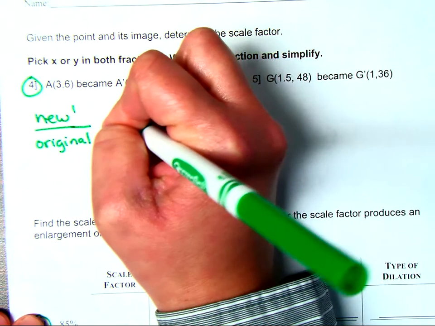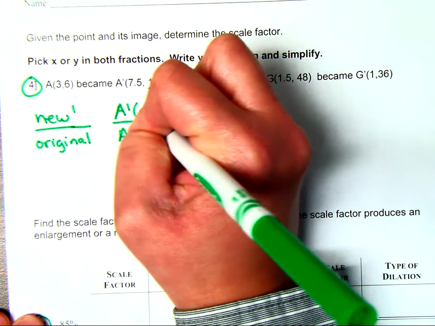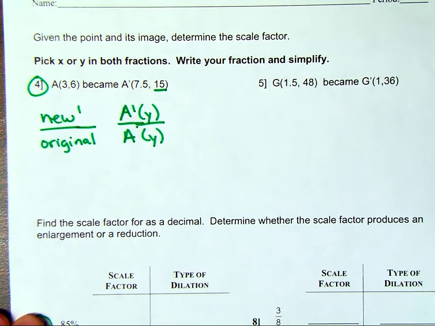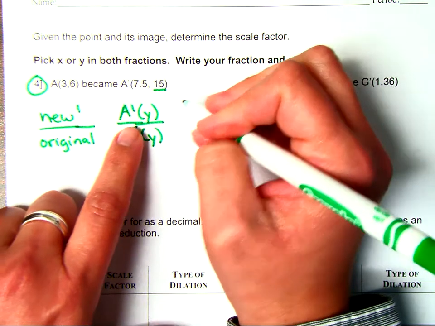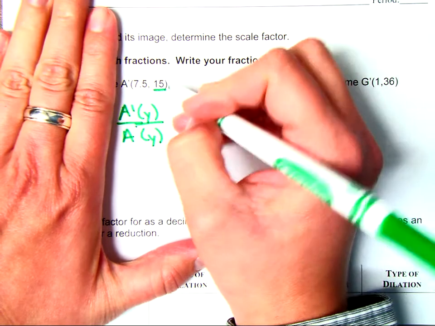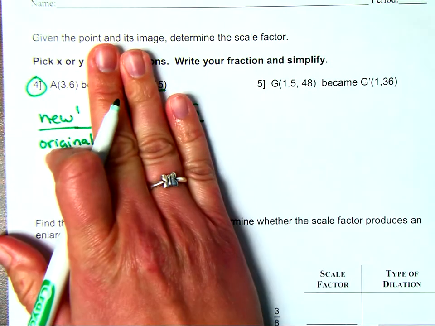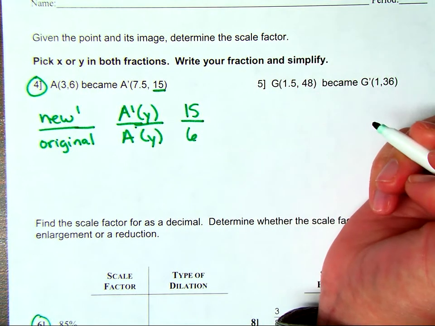If I'm saying A prime to A, and I want to use my Y value here, again, this is something else I do just to really help me out so I'm not mixing the wrong numbers in the wrong spot. So the new value of Y was 15, and the original value of Y was 6. Okay? So that's 15 over 6.